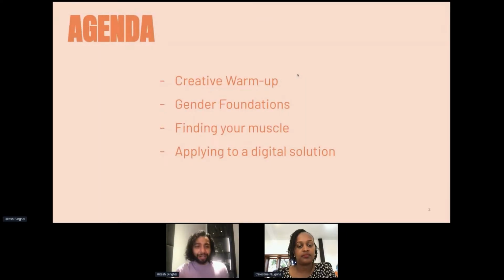So the agenda of our session: it's a very short session, I think 50 minutes now. And we have a small creative warm-up for you guys. So please stay in front of your computers or your phones or wherever you're accessing, and we'll put you to work. And we would love some inputs from you. Then we will go into some foundational knowledge that is required for gender, some key concepts that we will walk through, and then we will start working out.